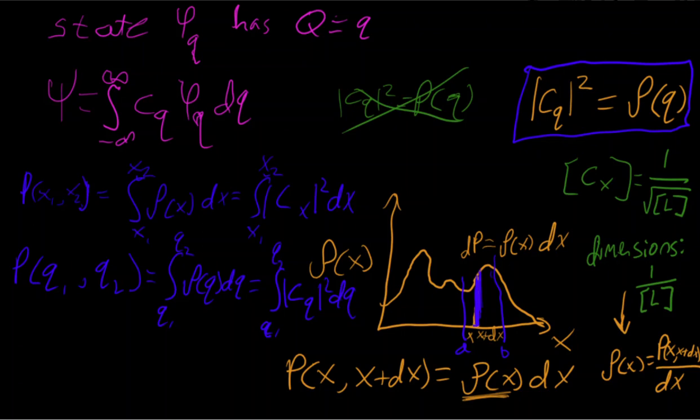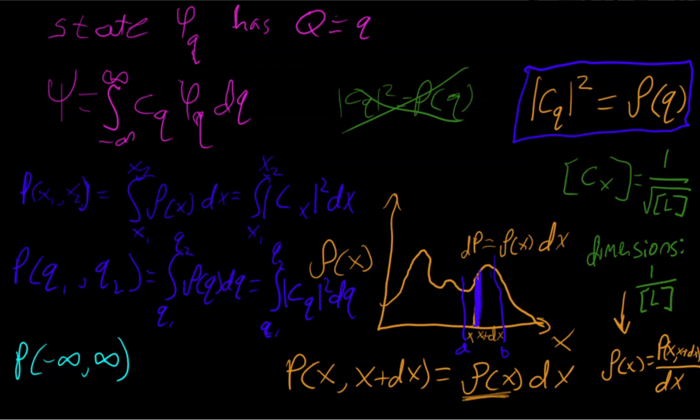Okay, so the last thing that I wanted to talk about in this video is this idea of normalization, that we've talked about in the previous section, and we actually have an analog for that in this continuous case. Notice, what is the probability that the particle has the value of the observable between negative infinity and infinity?